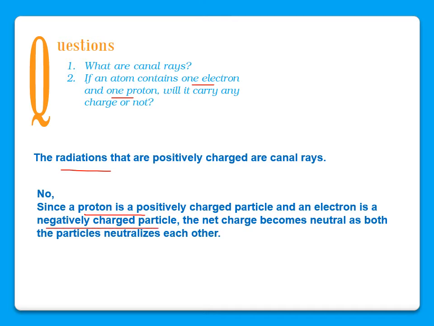So if the atom carries one proton, it means plus one charge, and if it carries one electron, it means minus one. So the net charge on the atom will be zero, or it is neutral. So the particle will become neutral.